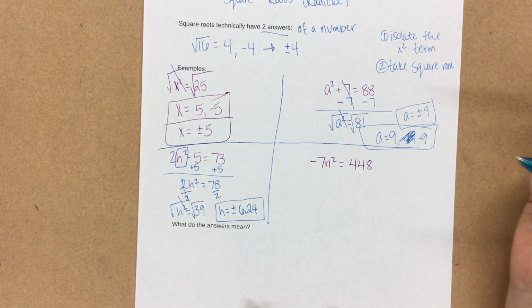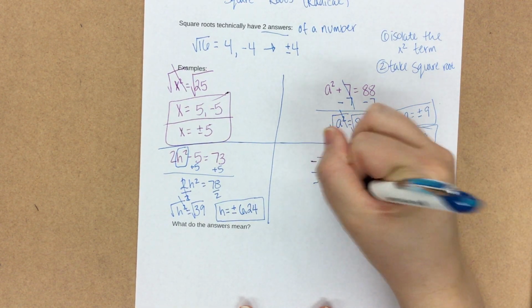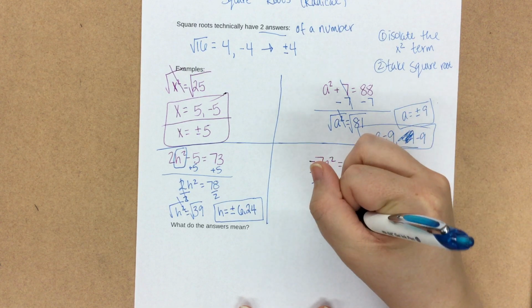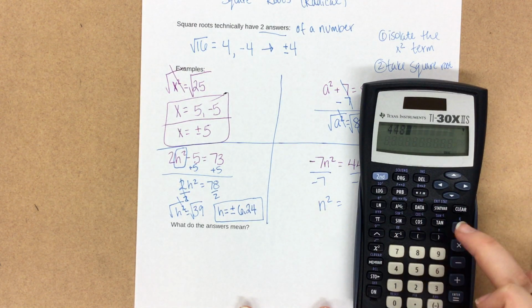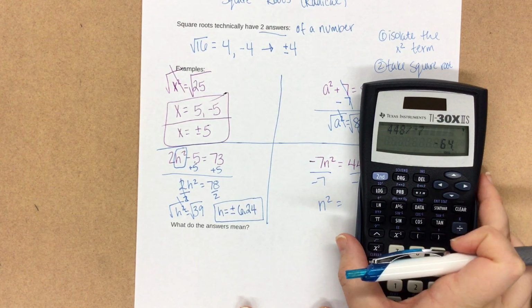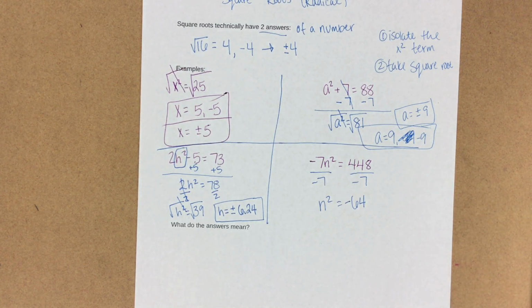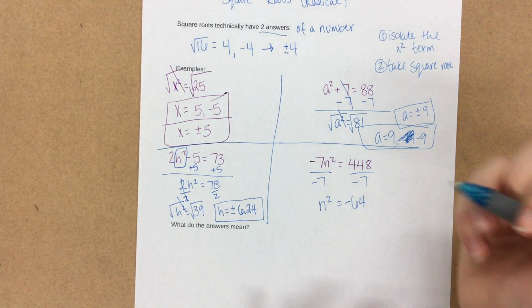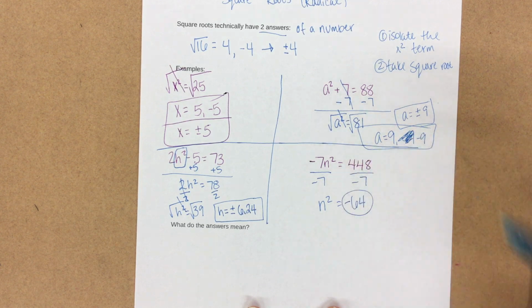Okay, I have negative 7n squared equals 448. I'm going to divide by negative 7, and I get that n squared equals negative 64. Okay. Now we also know 64 has a nice square root, but negative 64 does not.